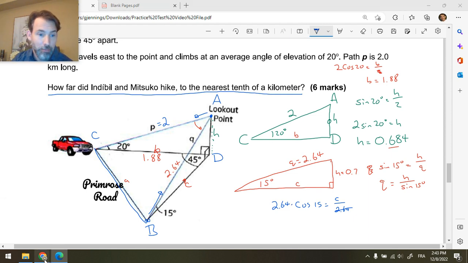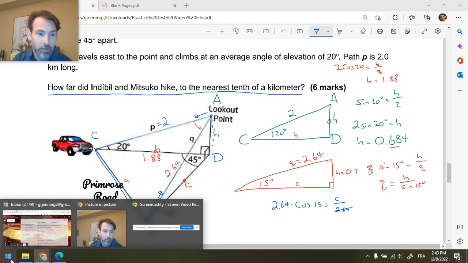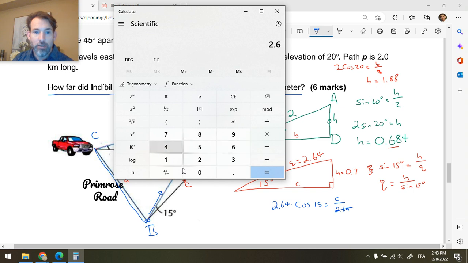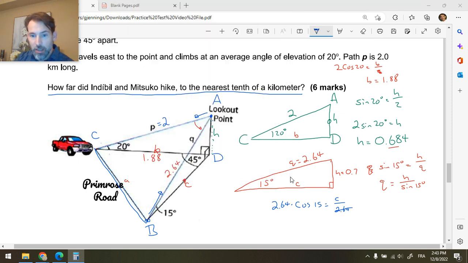Okay, let's go. Oh, that's not it. Where is my calculator? There it is. 2.64 times the cosine of 15 equals 2.55. So C equals 2.55.